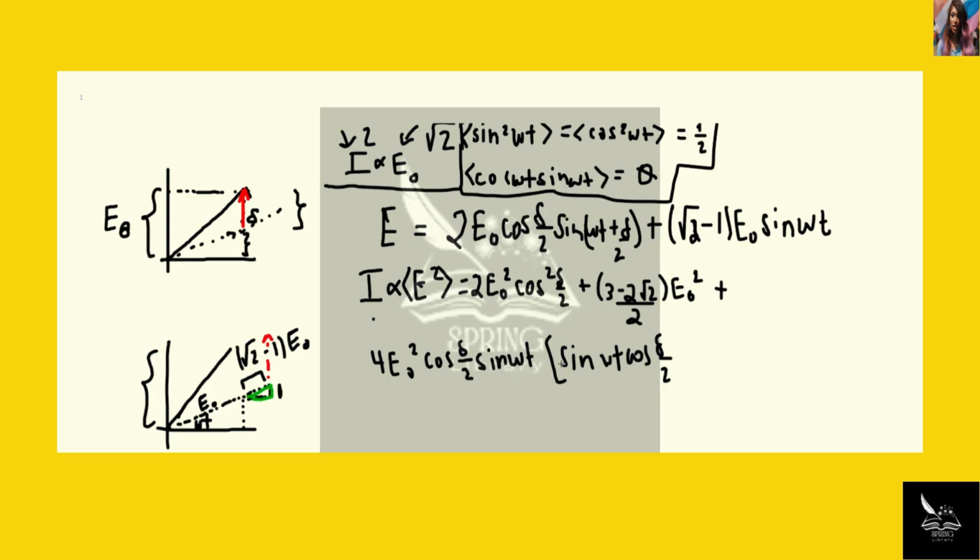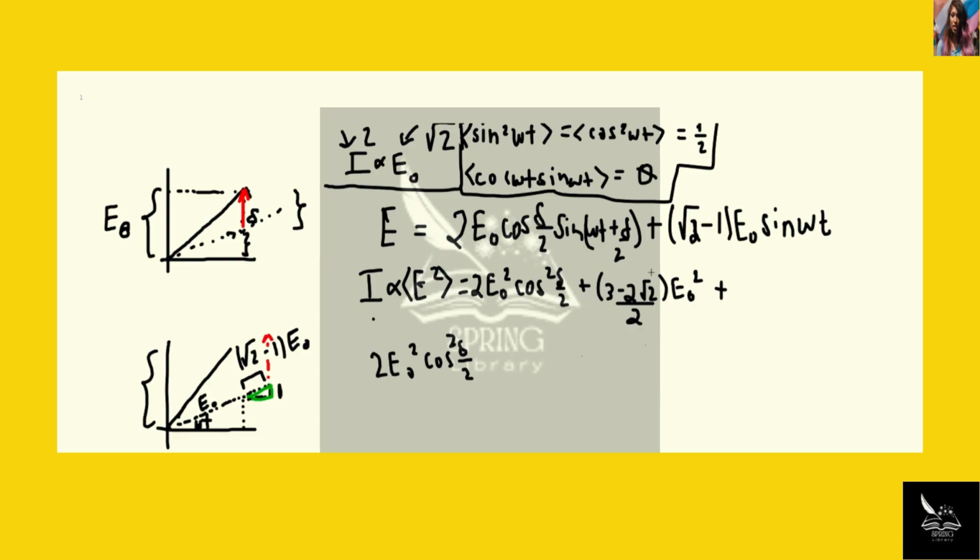And then this sine times sine is going to average to 1/2. So I'm just going to erase that, and then I'll make this 4 a 2. Now we're left with these two factors multiplied, so that's just going to make that squared, and then I'll just kill this off. Wow, what a mess.